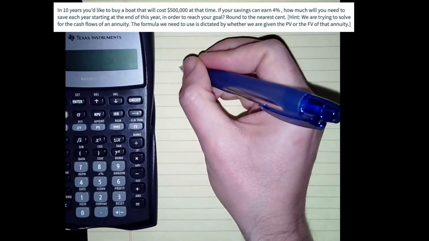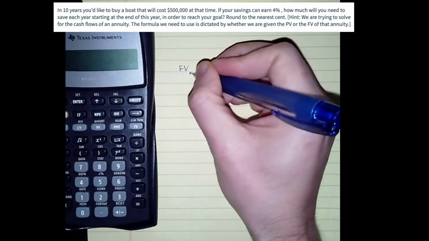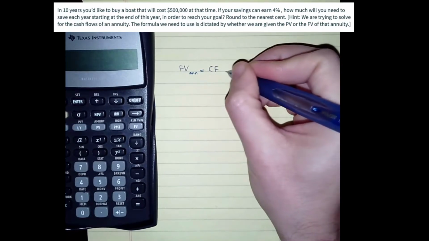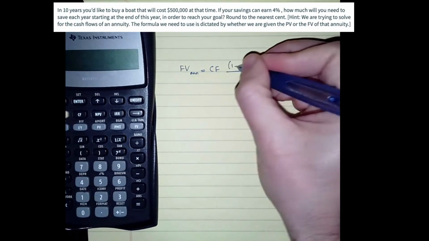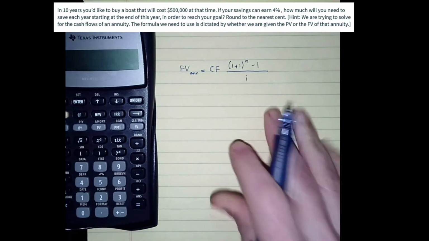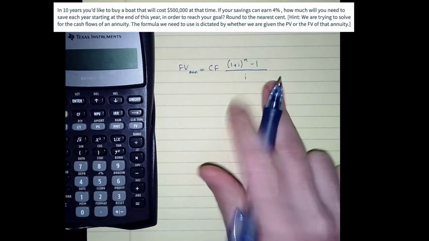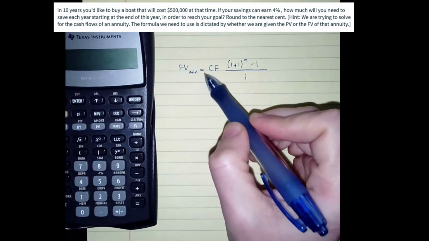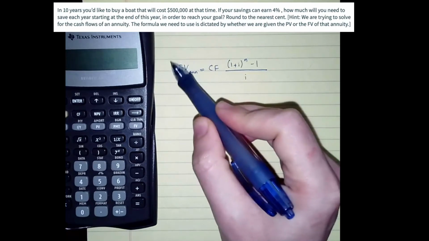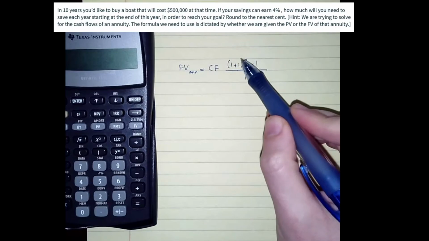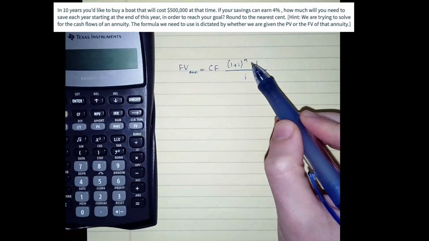So let's write the formula. FV annuity equals cash flow times (1 plus i) raised to n minus 1, divided by i. So that's our formula. Now what we have here is we know the amount our savings are accumulating to, which is $500,000. We know the interest rate, and we know how many payments, how many years there are, and that's going to be 10.